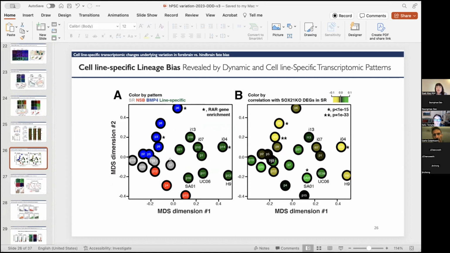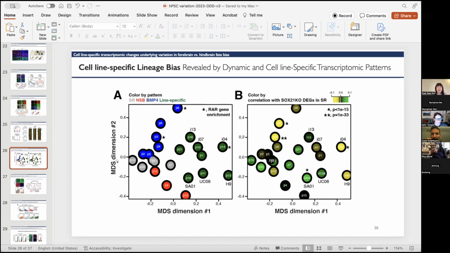These are separated from the dynamic pattern in MDS dimension 1. But interestingly, we can see that some of the donor specific patterns are actually close to the BMP4 pattern, and the other cells, which make more neuroectoderm, are closer to the neuroectoderm pattern. So dimension 2 is showing the lineage bias and how this donor specific pattern and dynamic pattern are intertwined.